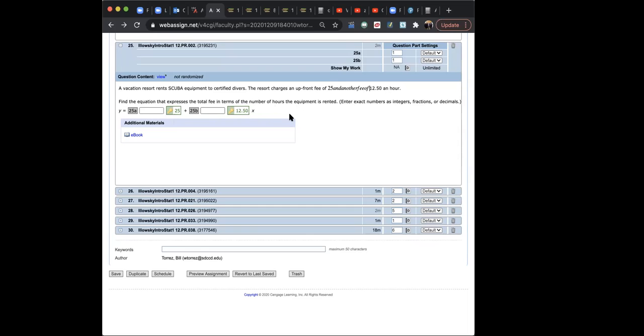So the hours are the independent variable. And if the scuba diver goes out for 4 hours, she would be charged $12.50 times 4, which would be $50, plus the $25 fee going in, okay? So this would be the correct equation for expressing the resort charges for the scuba equipment.